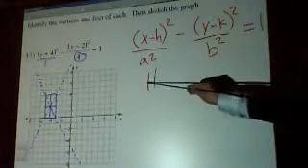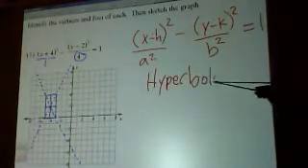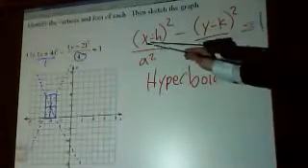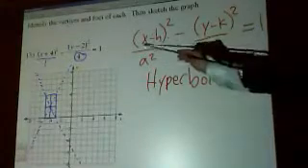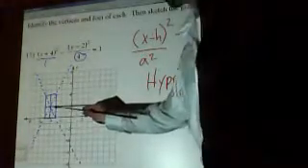This is a hyperbola. This is the graph of a hyperbola, and if the x is in front, and we have x minus y, that means this hyperbola is going to be opening left to right.